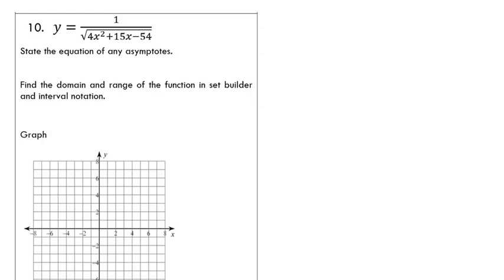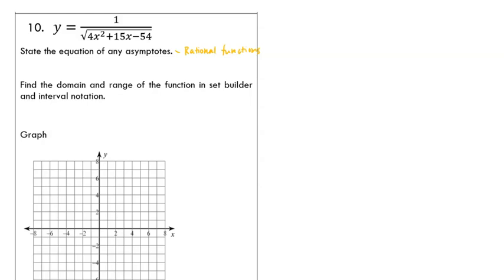Now we have a quadratic, radical, and a rational function. Once again, the asymptotes come from the rational function. You start learning about asymptotes in rational functions, and then you learn about it in logarithmic functions and exponential functions.